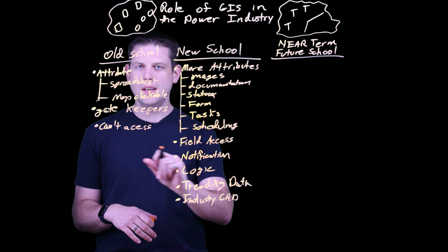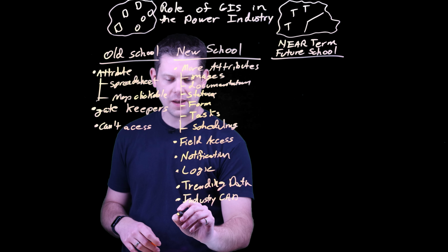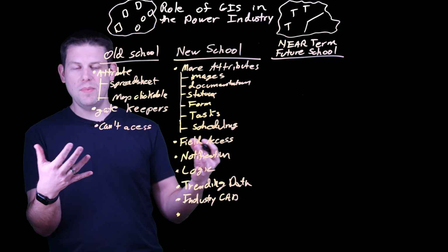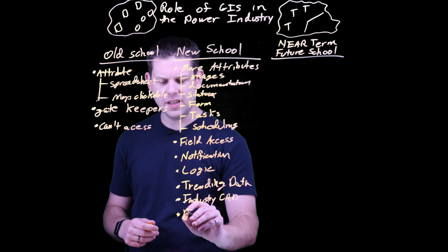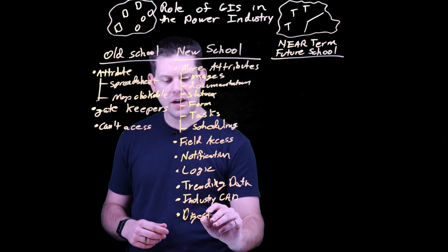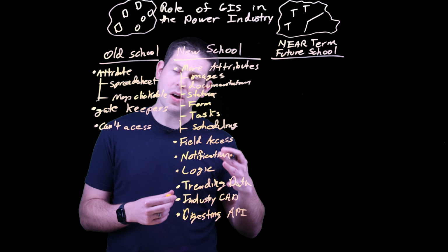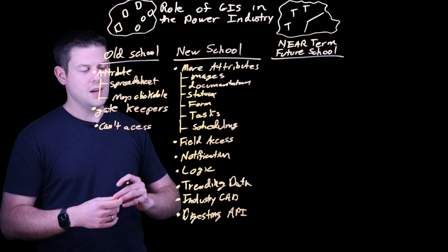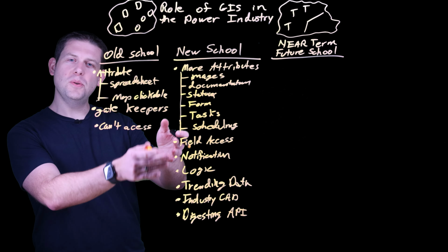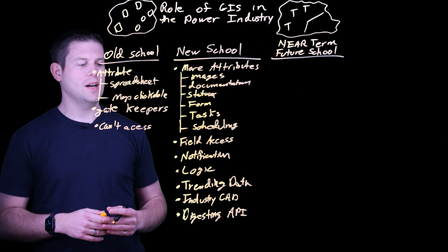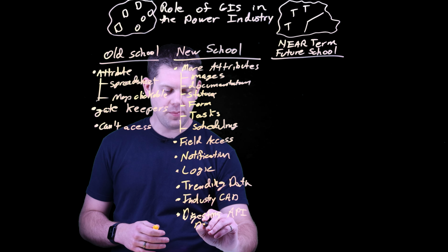Very valuable, ease of use, you know, from a time consuming about how do you get the data into the GIS system or even make an update. And then digesting data. Is there an API, right? Where if another system, machine to machine, was wanting to send data to the GIS system, can it do that, right? So digesting data via an API.